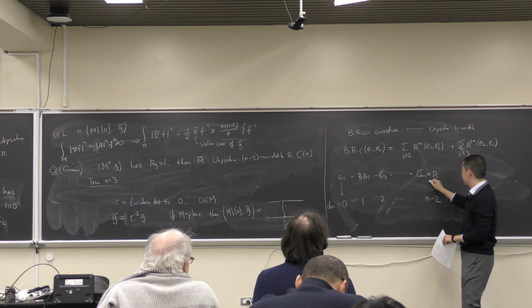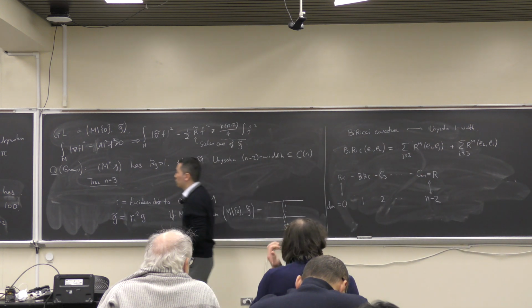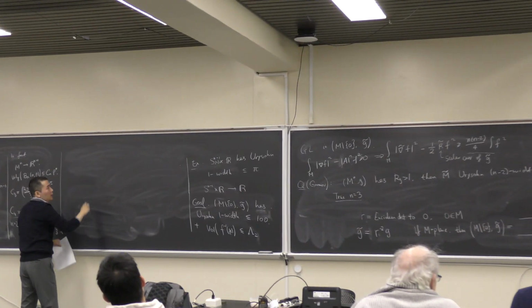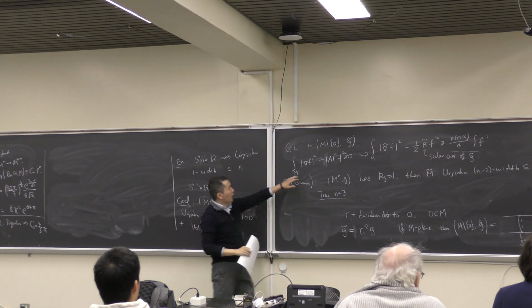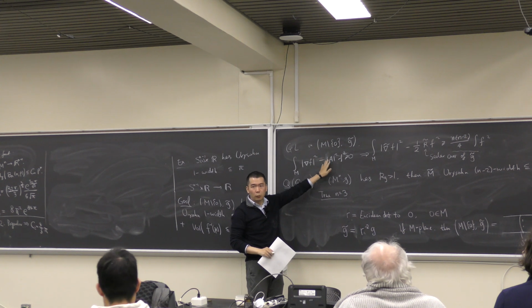Let me quickly write down the crucial computations and theorems we proved. The computation follows from the following. Again, in the stability inequality, A squared controls all the curvatures, including the bi-Ricci one.